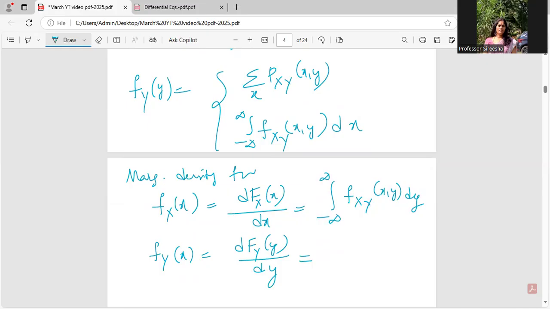Fx with respect to dx, fy with respect to dy, minus infinite to plus infinite, f of x and y. Yes. This is how we'll find the marginal density functions. Okay. Now, like how we do the same thing in one dimension, in derivative of capital F. Here it is suffix x and suffix y. When both are there, I have shown you the partial second order derivative, with respect to x and y. I'll stop the video here.